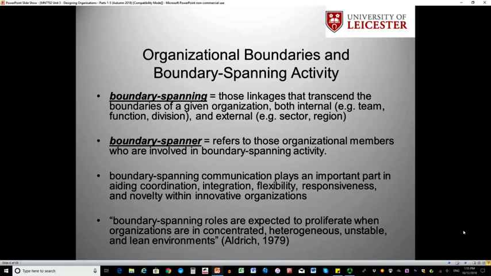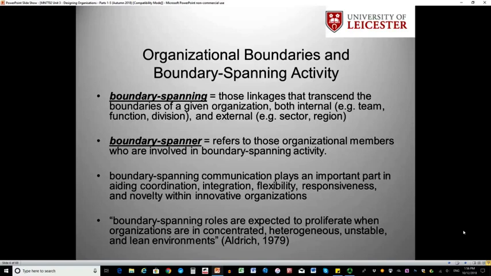And a few minutes ago I was saying that we tend to speak to people who are similar to us because it's easy. But if we talk to people who are similar to us, who have similar backgrounds from a similar function, we tend to hear things that we already know. So novelty and innovation don't come from talking to people similar to us.